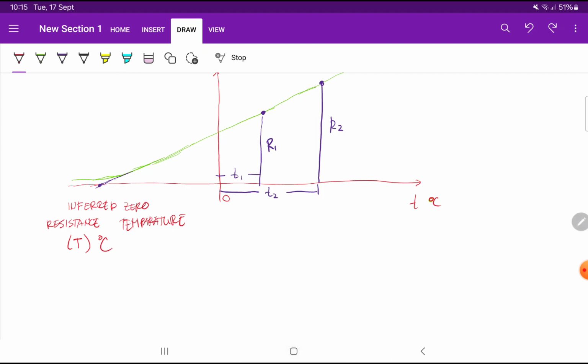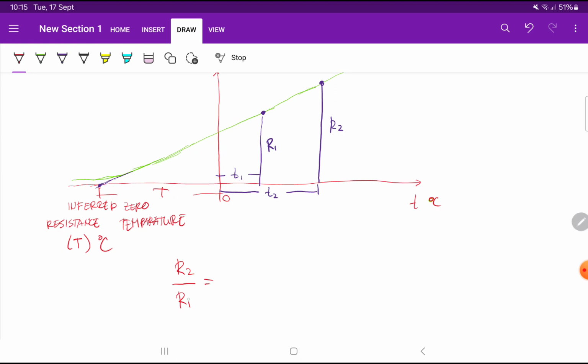But before we do that, this length from here to here is also the inferred zero resistance temperature, capital T. Now, if we divide R2 by R1, the corresponding sides, the bases, should also have the same ratio.